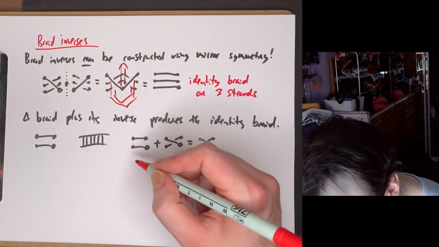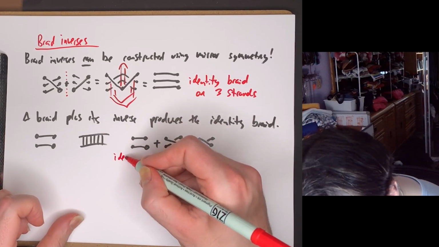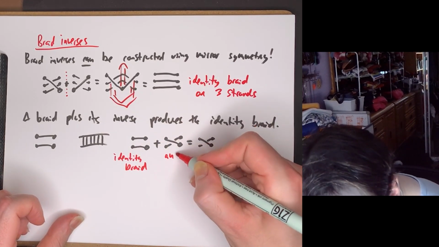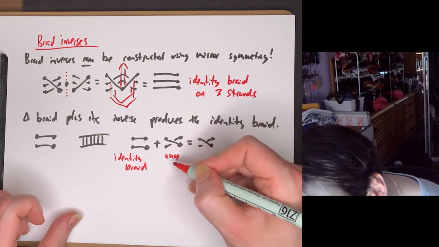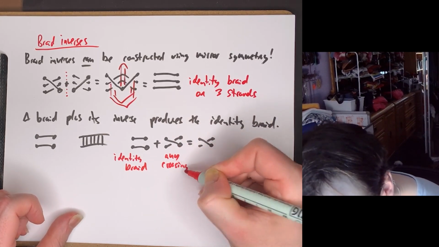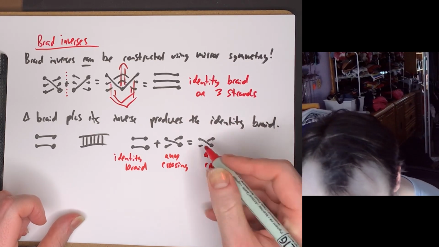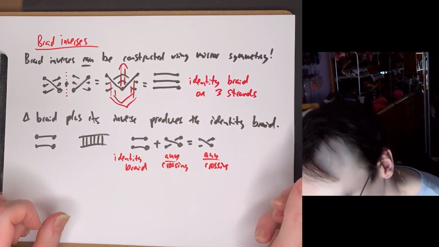So the identity braid plus not just this crossing, but actually any crossing will result in this original crossing.